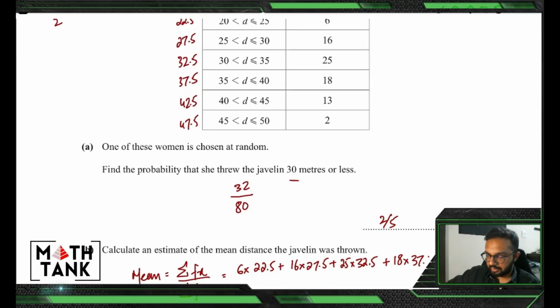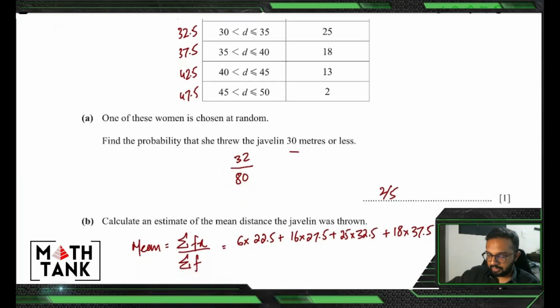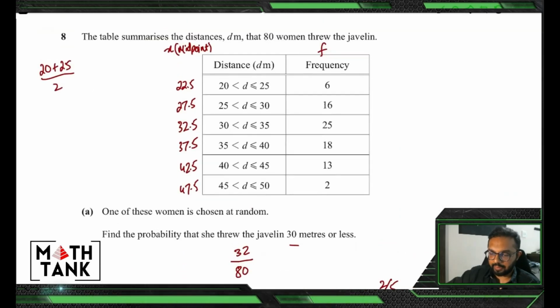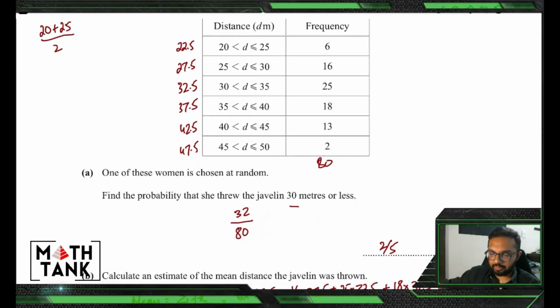So 18 into 37.5 plus 13 into 42.5 plus 2 into 47.5, divided by 80, which is the sum of f, because they had already told us that. If it wasn't added up, I would have added it up.